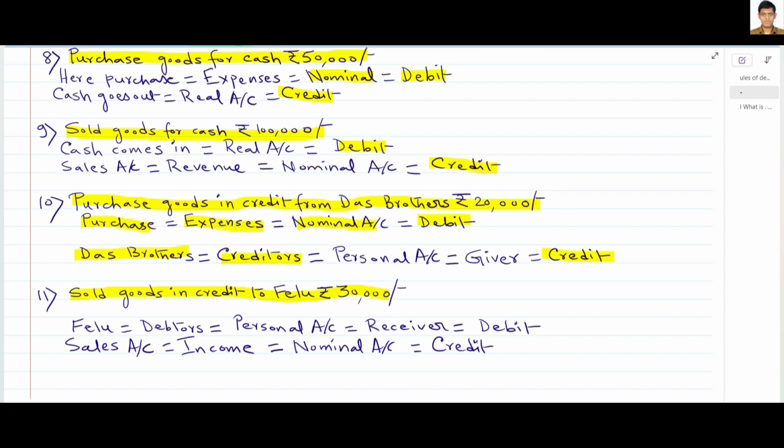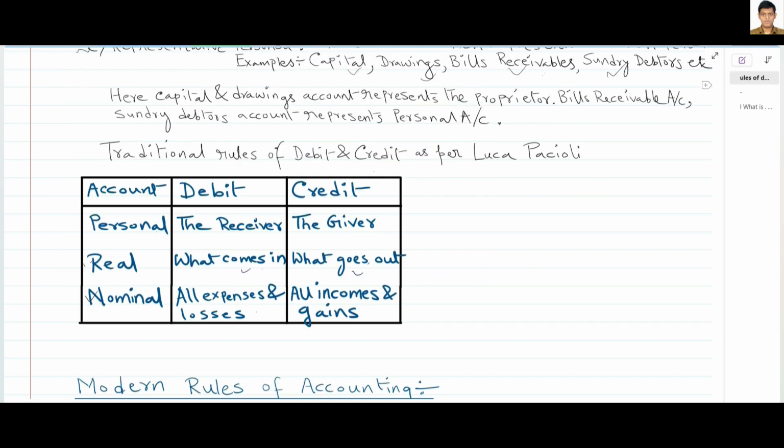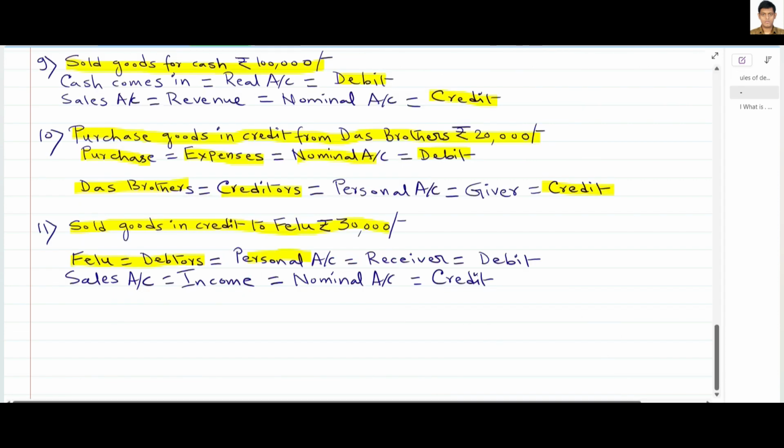So here, as per the double entry bookkeeping system, Felu is our debtor, and debtors is a personal account, and as per the rules of debit and credit, in the personal account, the receiver will be treated as debit and the giver will be treated as credit. Here Felu, that means our debtor, is receiving goods from us.